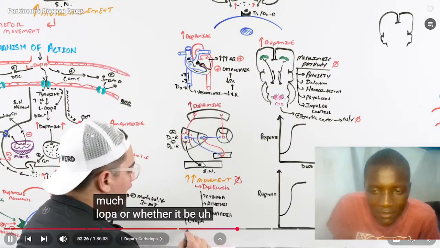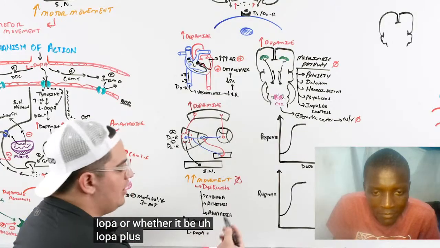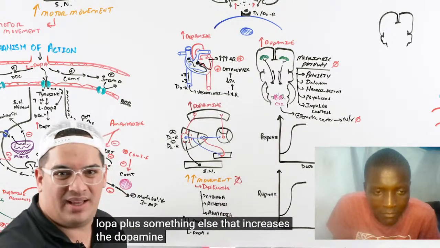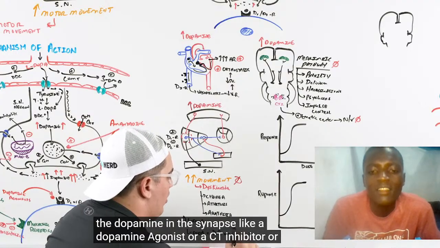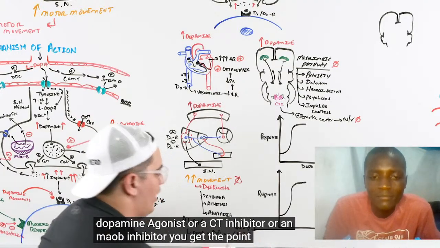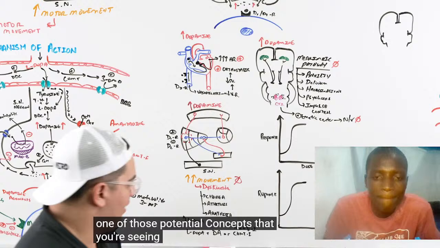Whether it be L-dopa plus something else that increases the dopamine in the synapse, like a dopamine agonist or a COMT inhibitor or an MAOB inhibitor. You get the point. It's one of those potential concepts that you're seeing here.